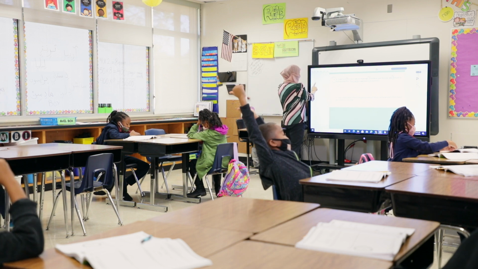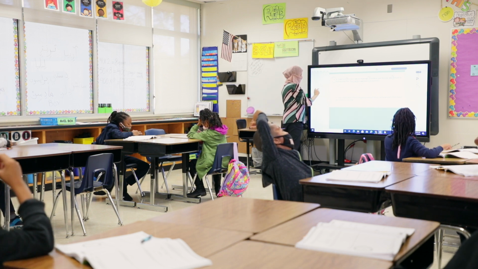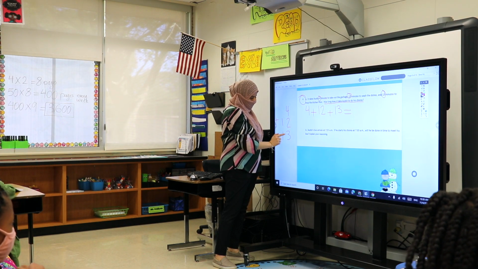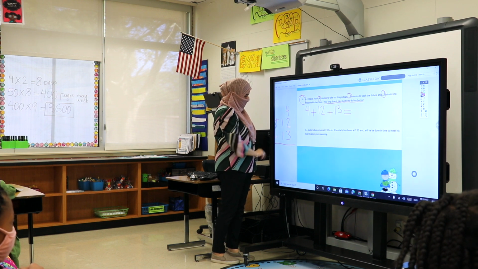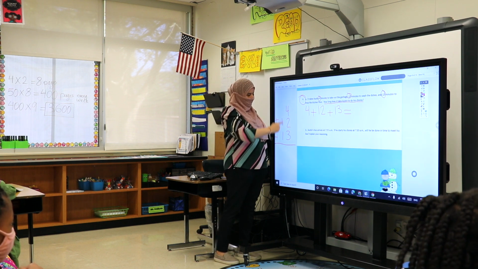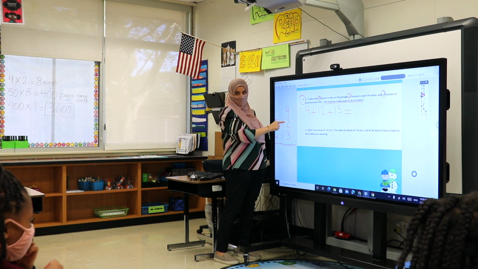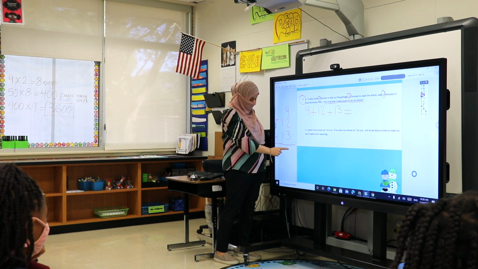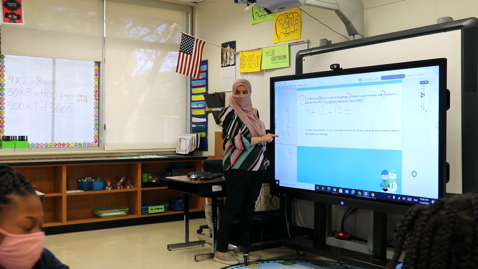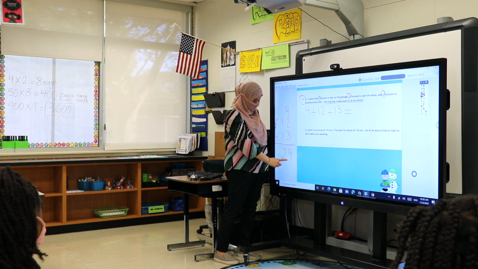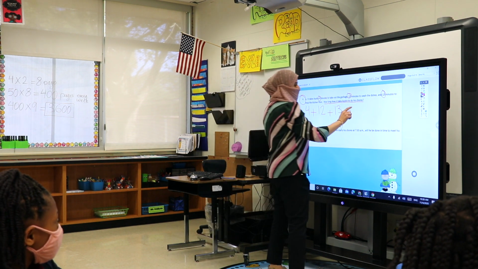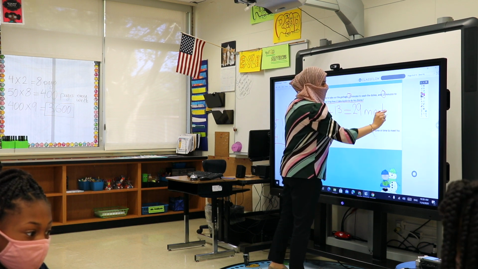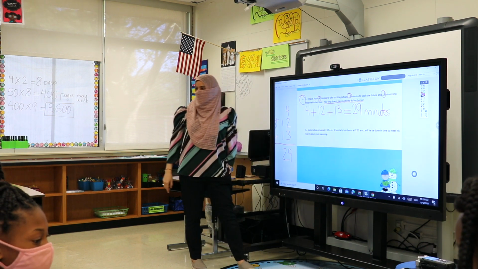Let's double check. I will put 4 plus 12 plus 13. Add all of them. Then I will start with the ones. 4 ones plus 2 ones is 6 ones. 6 ones plus 3 is 9 ones. 1 ten plus 1 ten is 2 tens. So it took him 29 minutes to do his chores, okay?